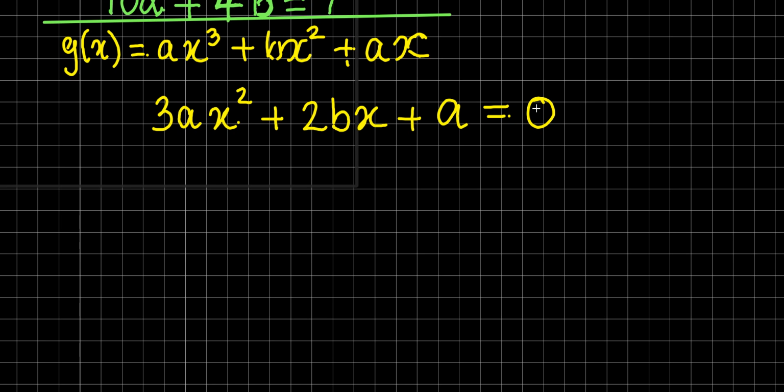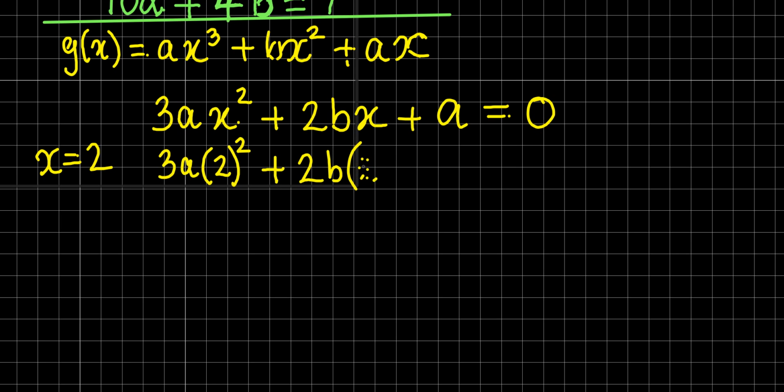We're then going to substitute 2 into that equation. So we would have 3a times 2 squared plus 2b times 2 plus a is 0, because at that point the gradient is 0.